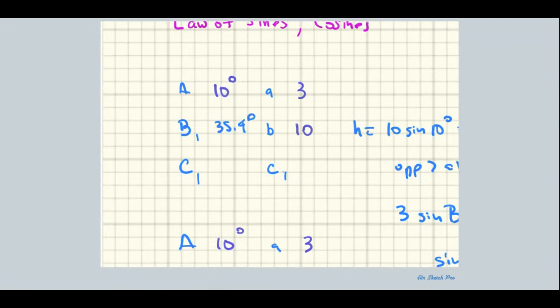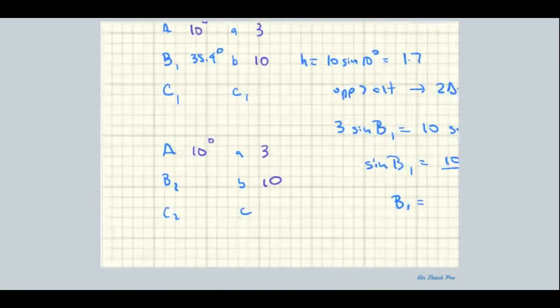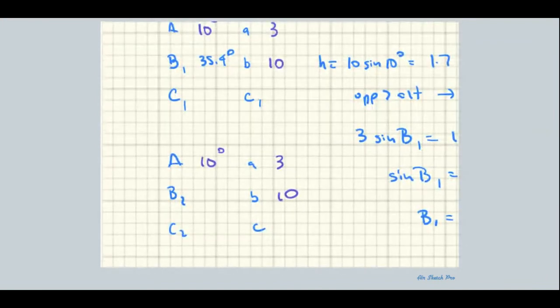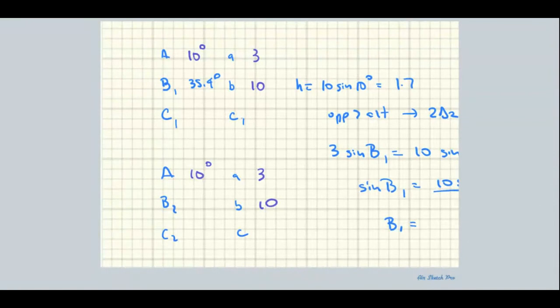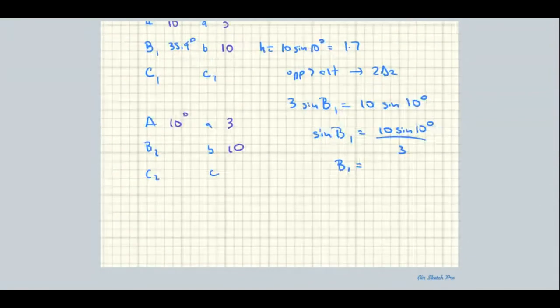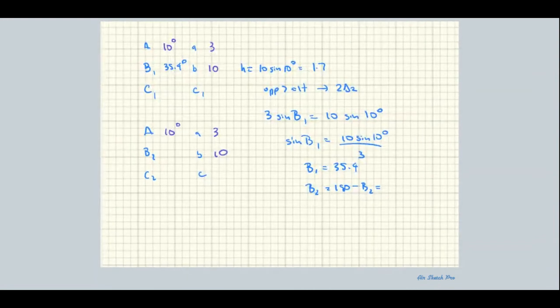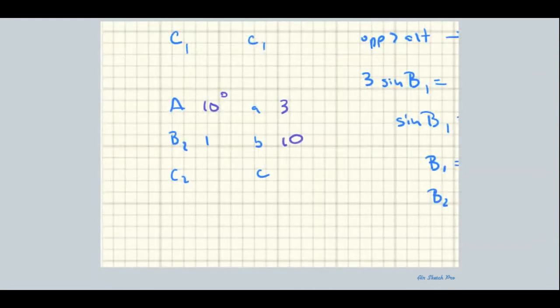And now, what's the supplement? 180 minus that is going to give you B2, because your calculator is going to give you the acute answer, 134.6.